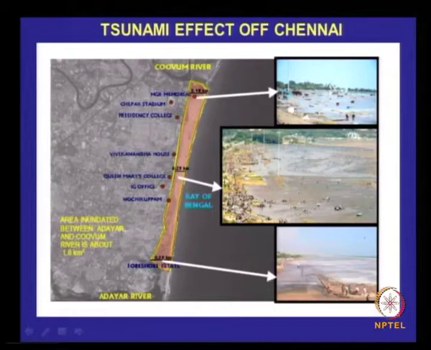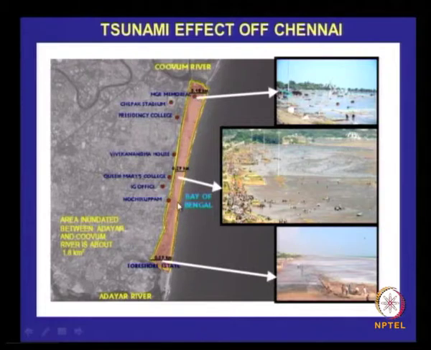So we did the Marina beach, one of the longest beaches in the world. You see that this is the kind of inundation we have. The area inundated between Adayar, that is somewhere here, up to Kuam river. This is approximately 2.9 kilometers, and this is approximately, I think, 0.29 kilometers, 0.3 kilometers, and this is around 0.5 kilometers.